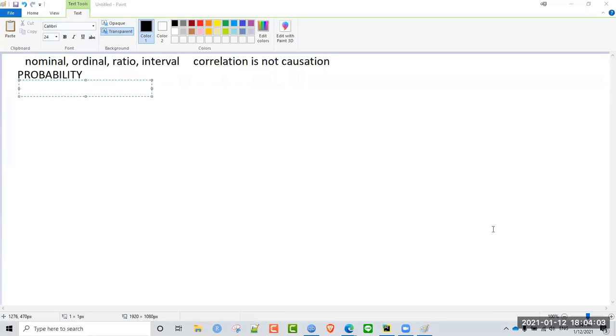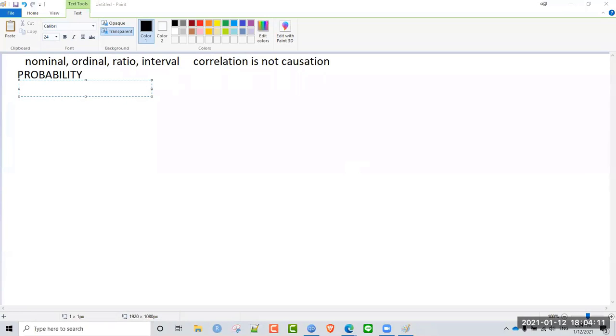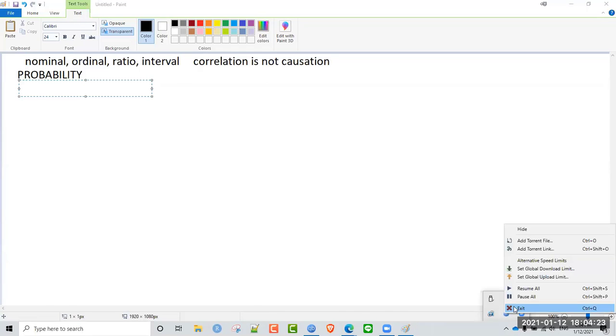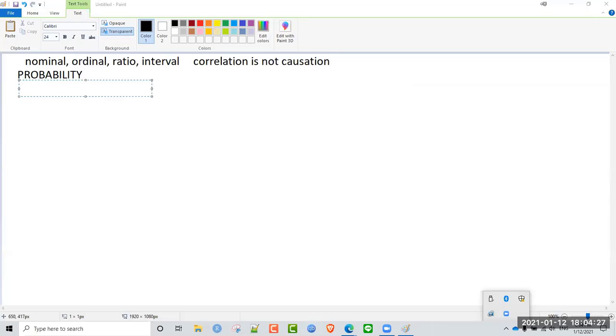My computer will speed up. Just a second, it's just taking a long time here. Okay, it's here.